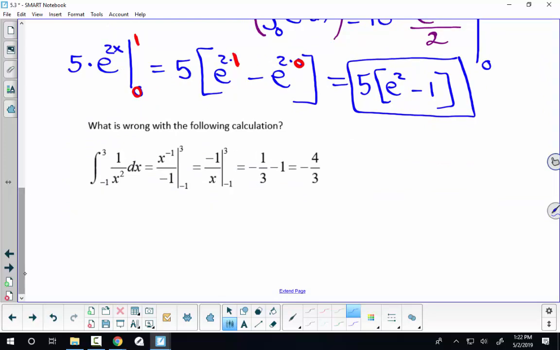So the last portion of this, what's wrong with the following calculation? Give you a second to think about that. So we are thinking about this, hopefully this way.